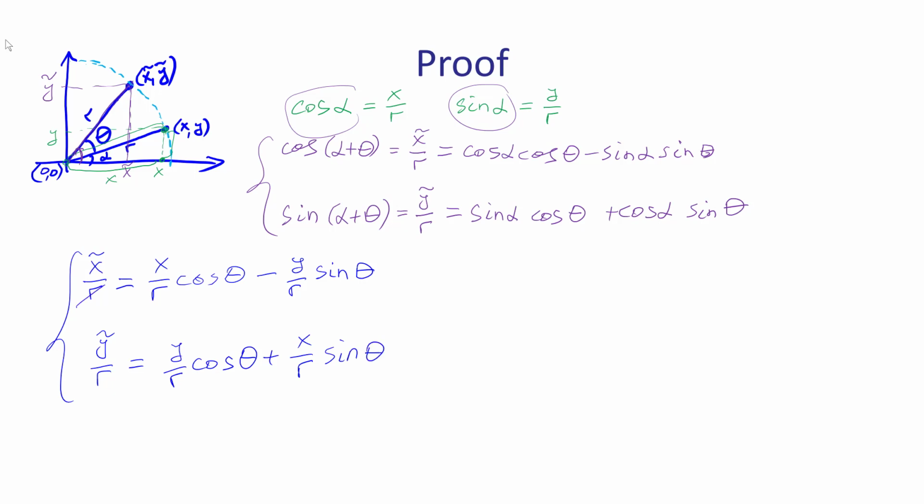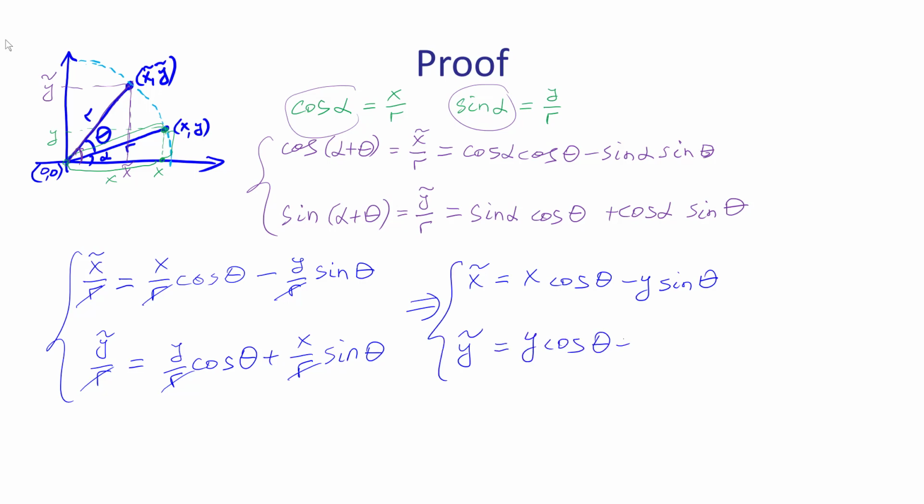Now, r can be cancelled everywhere, and this is what we get: x tilde equals x cosine theta minus y sine theta, and y tilde equals y cosine theta plus x sine theta.